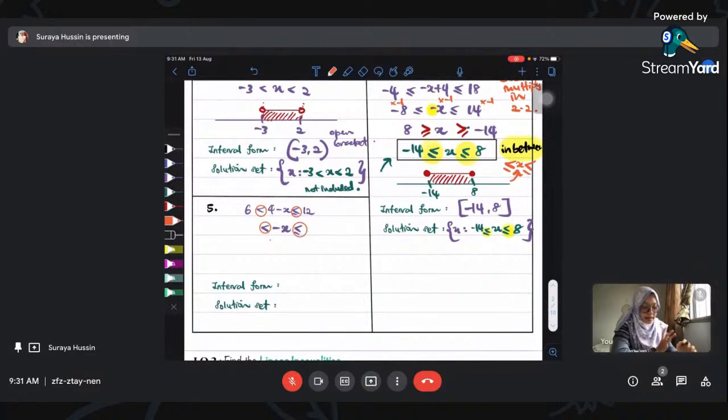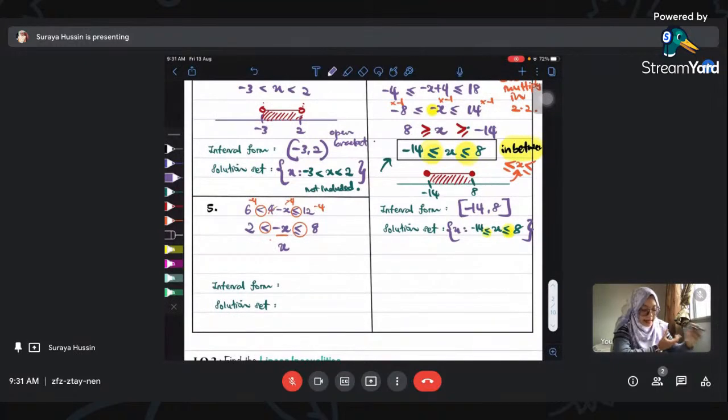There is no effect here. As long as it is not multiplied by a negative number, the sign stays the same. Now you are trying to minus 4 for every side, left and right, so that negative x remains here. On the right hand side you will get 8, on the left hand side you will get 2.